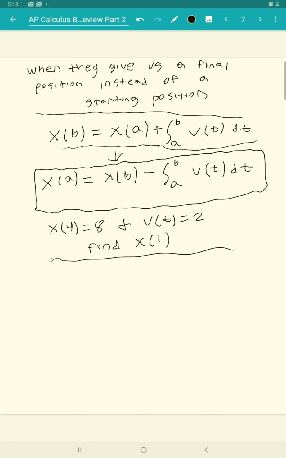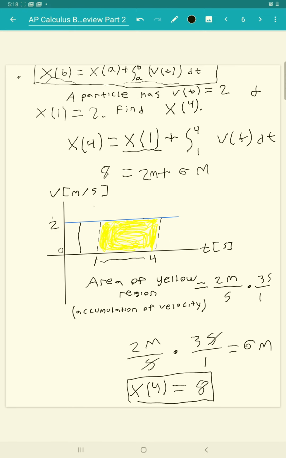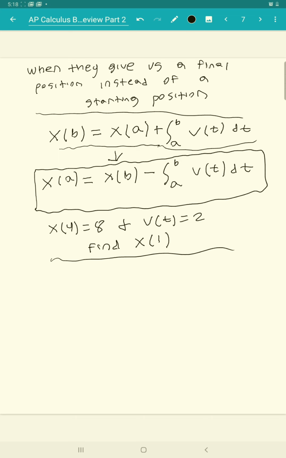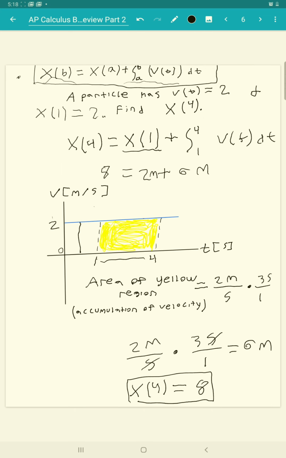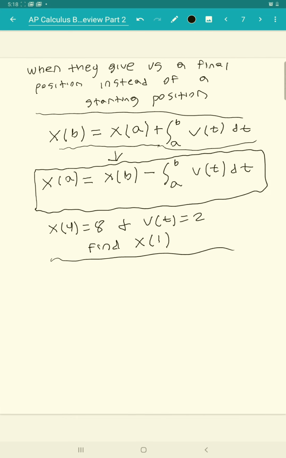So let's say, just like this last problem, well, let's just change it around. Let's say we're given the final position, which we found to be 8. Let's say they tell us that, and then they give us this velocity function. We can just do x of 4 minus the integral of velocity from 4 to 1 dt. And we know that that equals 6.